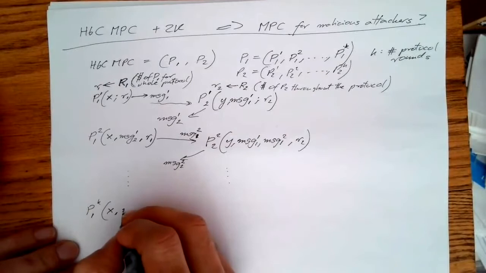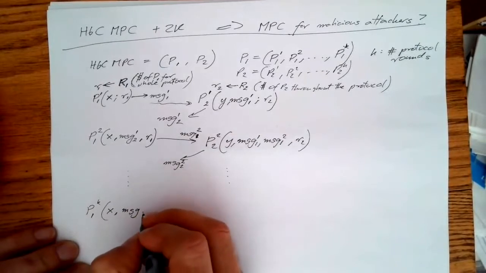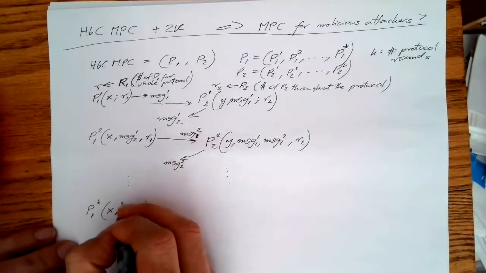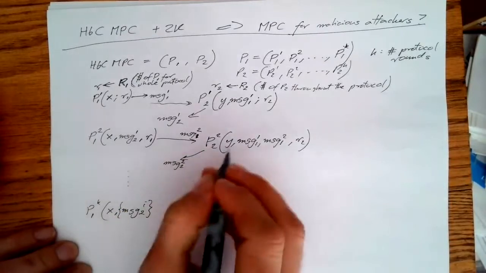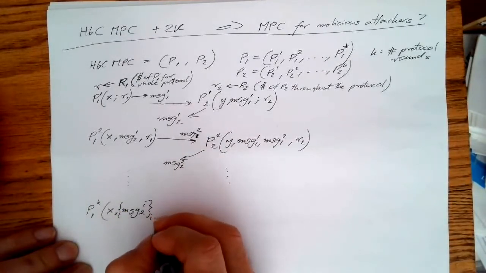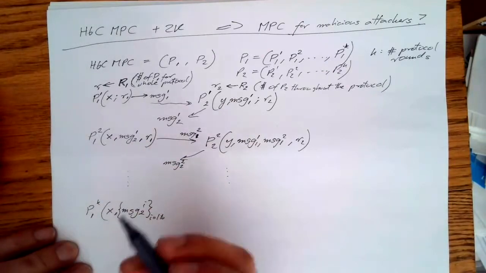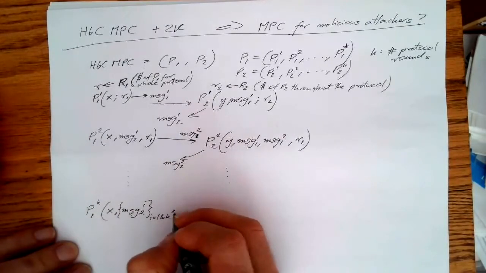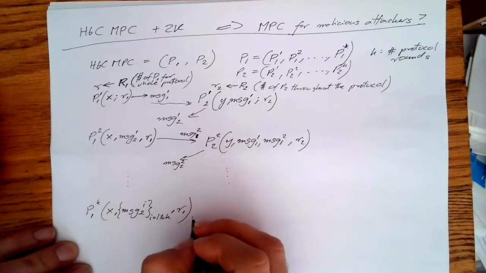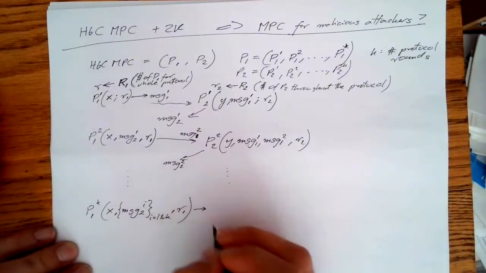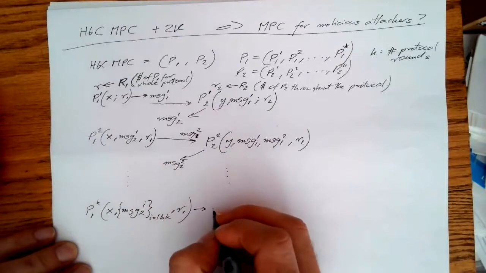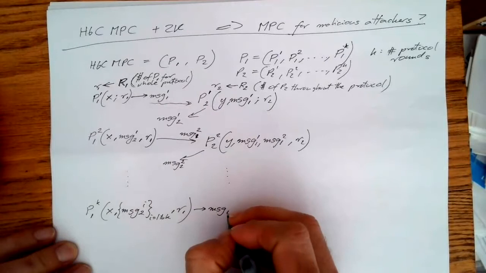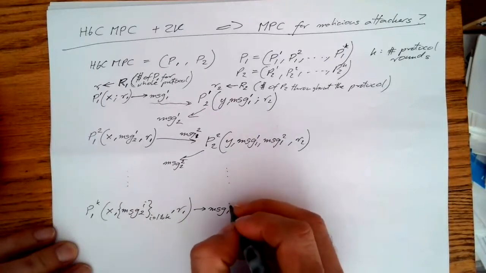I have an input, all the messages that I have received from the counterparty, for i from 1 to K, and the randomness, and I'm outputting my own message in the K-th round.